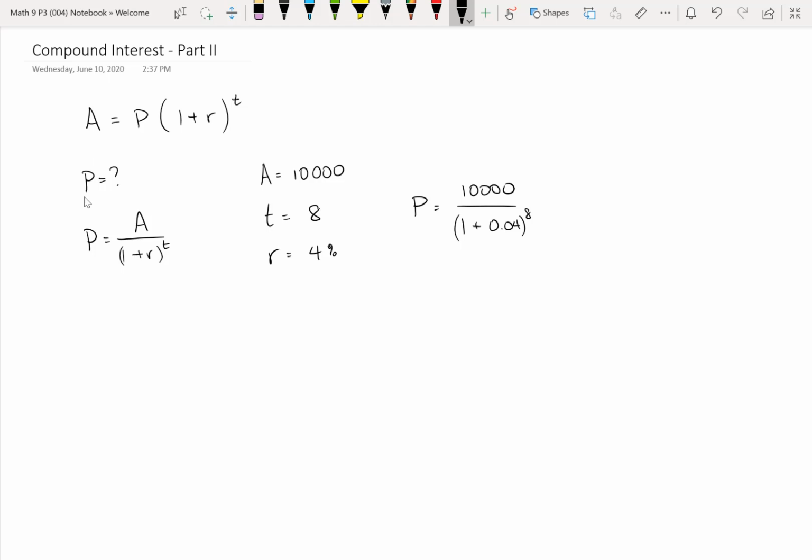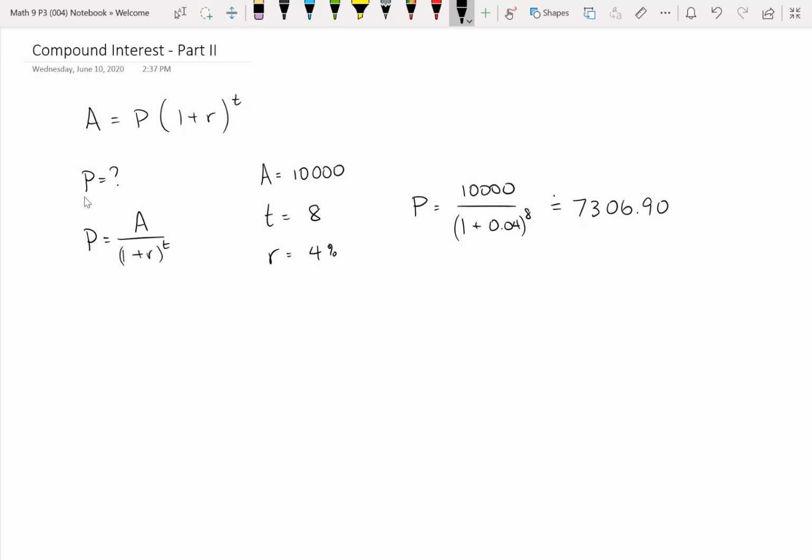If you go ahead and calculate 1 plus 0.04, which would be 1.04 raised to the power of 8 first, you're going to have to store that value because you're going to be dividing 10,000 by that value. So however you end up doing it, you should get a value rounded to the nearest penny of $7,306.90.